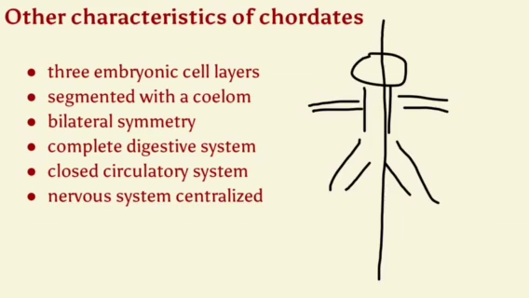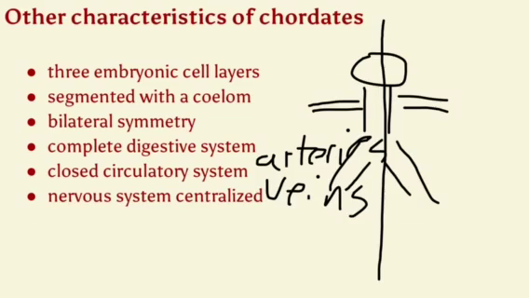So that's bilateral symmetry. They have a complete digestive system. They also have a closed circulatory system, meaning they have arteries and veins. And they also have a centralized nervous system.